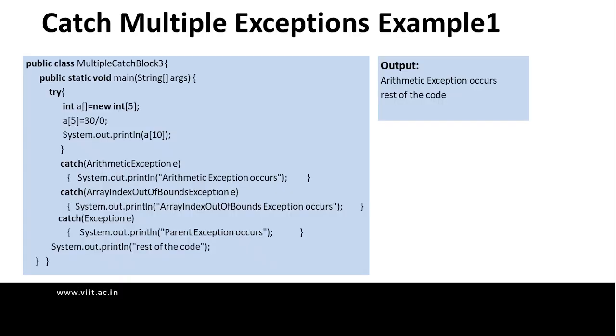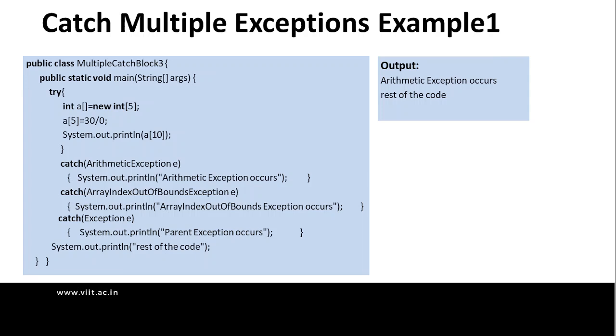Catch multiple exception, example 1: you can have multiple catch. Try, for example, an integer array of size 5, and at location a[5] we are trying to assign 30 divided by 0, which is a divide by zero exception. Second, you are trying to access location 5 of array a, which is not available.